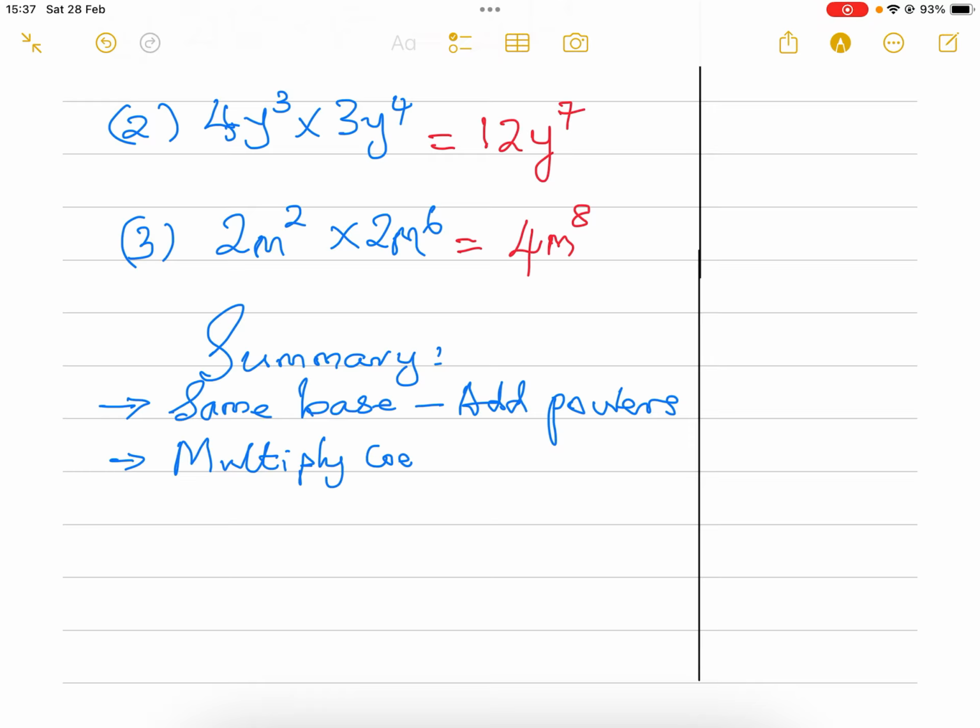We also learned that you multiply coefficients separately.